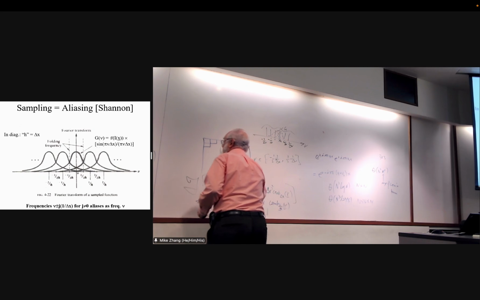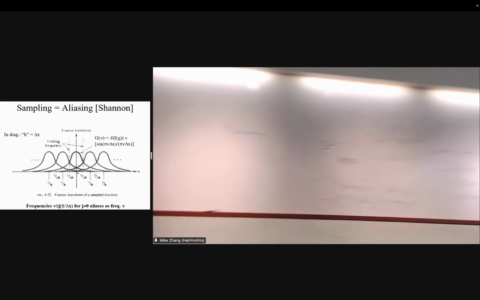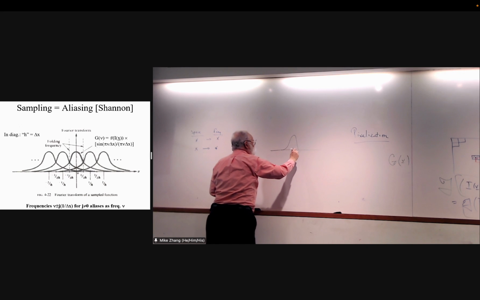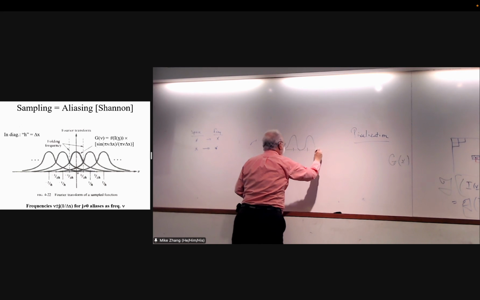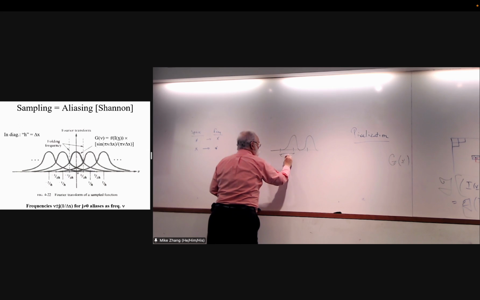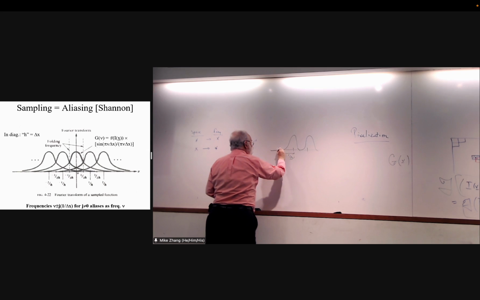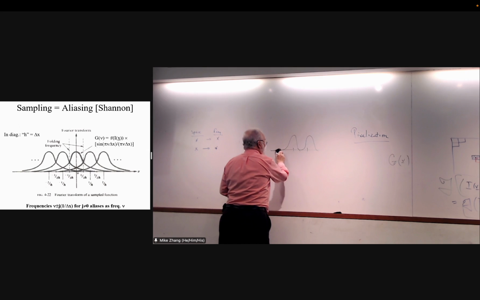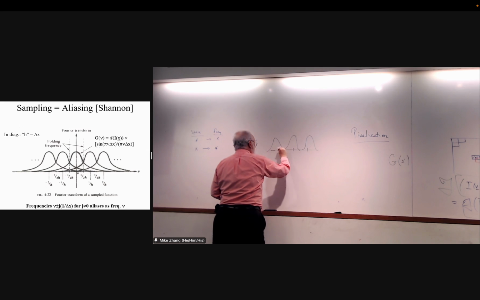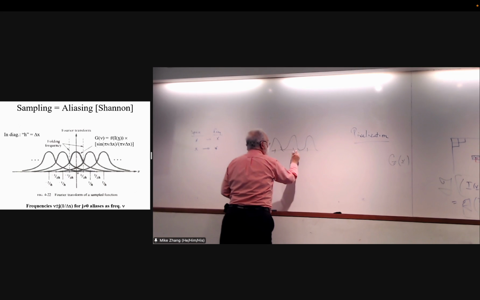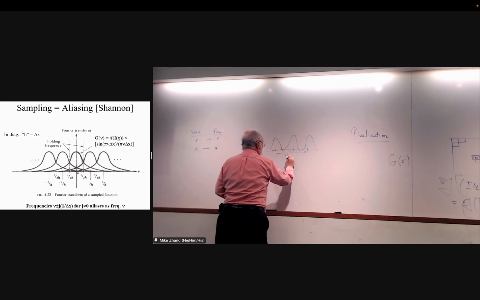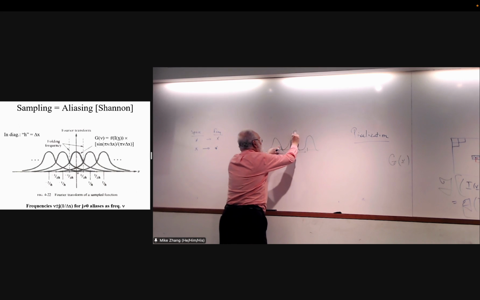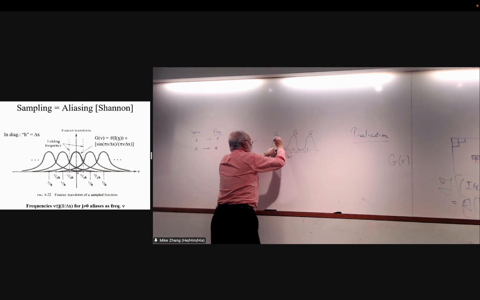So instead of being overlapped, what you want in the frequency domain is, here's your G. If your spacing is like so, you want 1 over delta x's such that there's negligible contribution from one copy of G. This is G again, but offset in frequency.